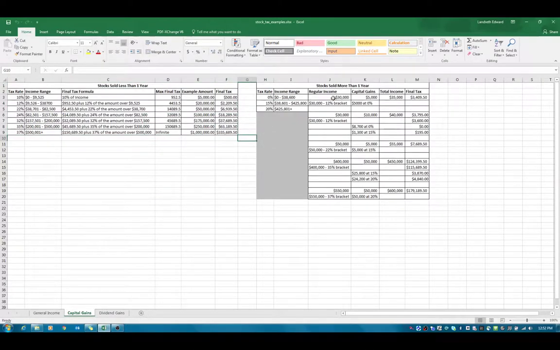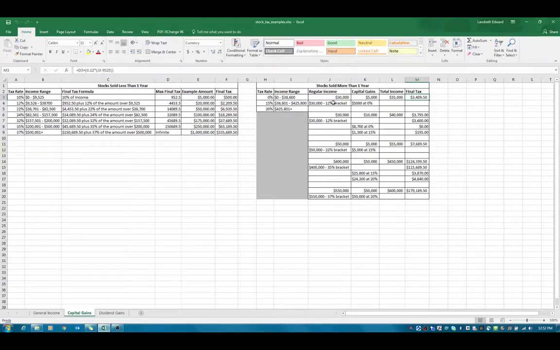Because the way it works is your regular income gets taxed before your capital gains get taxed. So we'll go through an example next, and it'll make a little more sense. For this simple one, since you have 0% on that, it's just 12% on your 30K for this first example.